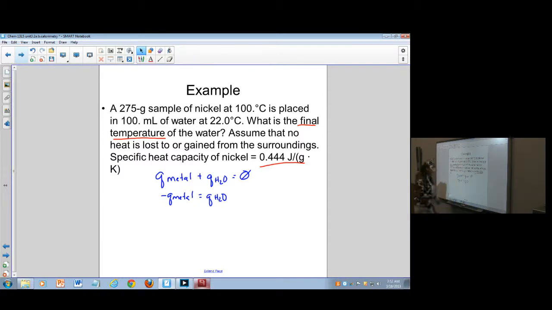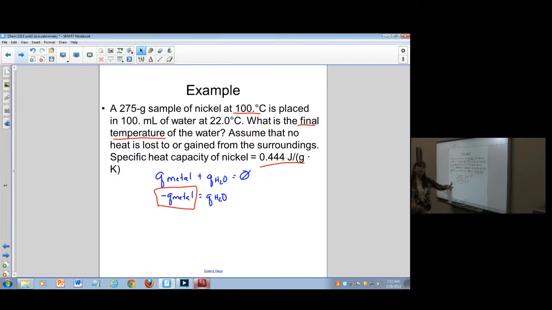Now, I chose the metal, okay? I could have done this either way, but I chose the metal to go down in temperature, to be a negative sign, because the temperature is going to go down. We're starting high, we're putting it in something cool, the heat's going to transfer into the cool thing, and so I'm going to expect the temperature of the nickel to go down. Therefore I want this to be a negative value.